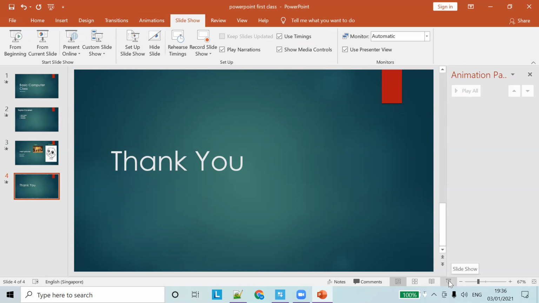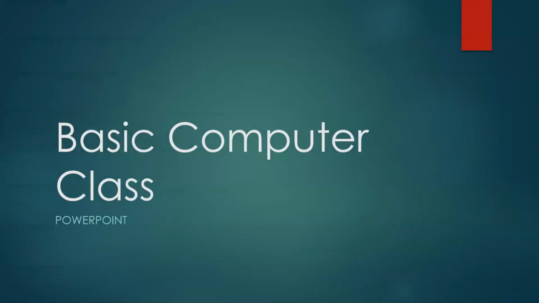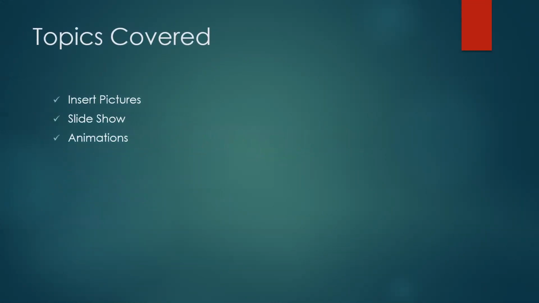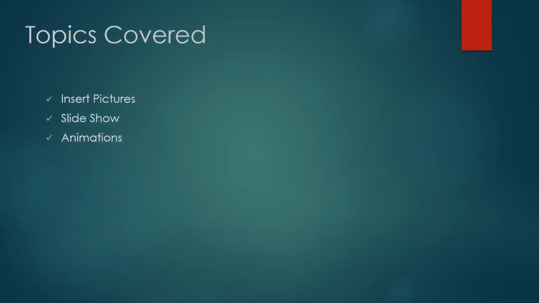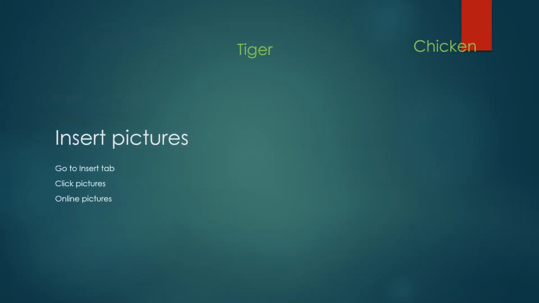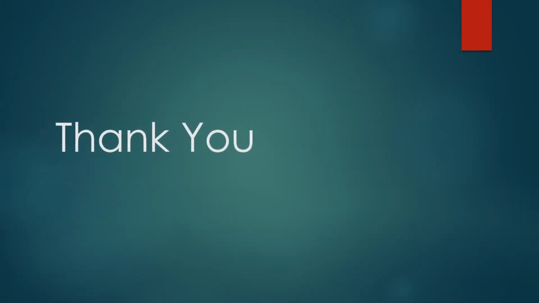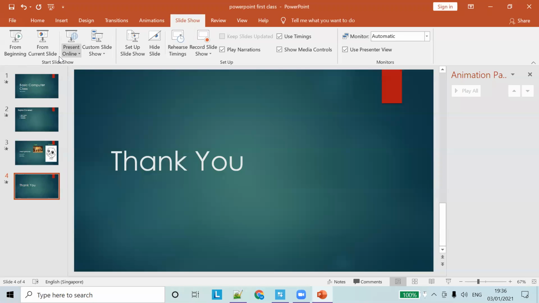So we always use this option to start a slideshow. Let's say I don't want to use this option. When I click this one, it automatically goes to the first screen. So we can use the slideshow ribbon to start our slideshow, either from beginning or from the current slide.